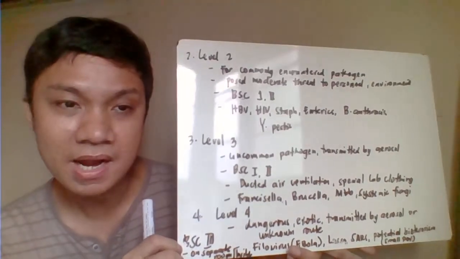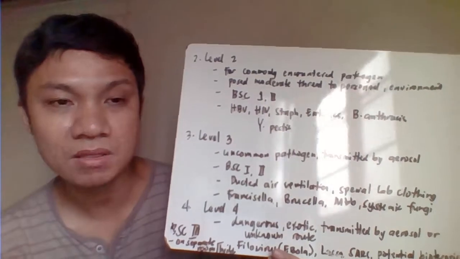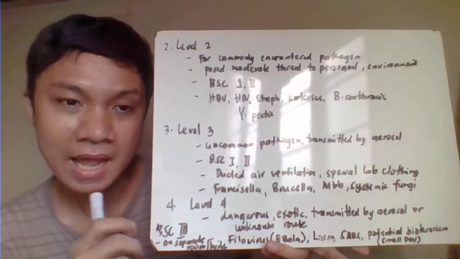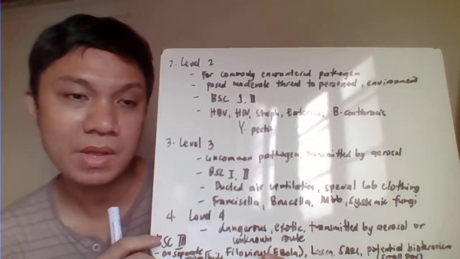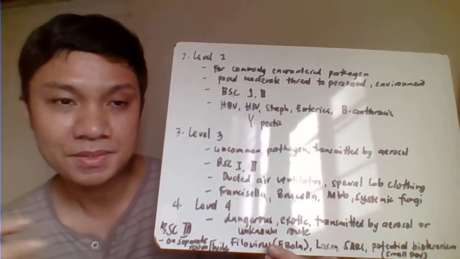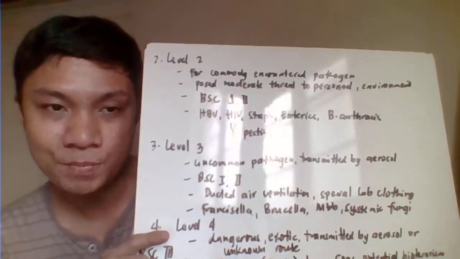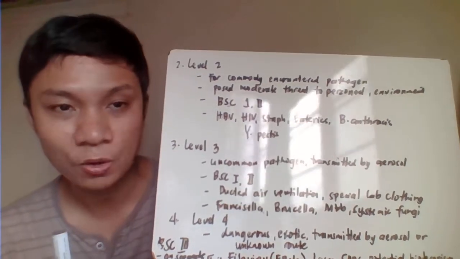Okay, it requires biological safety cabinet level 3 because it should be a closed system. The laboratory handling this type of specimen or microorganism should be situated in a separate laboratory or separate building, with a changing room. So this area is highly controlled and restricted.